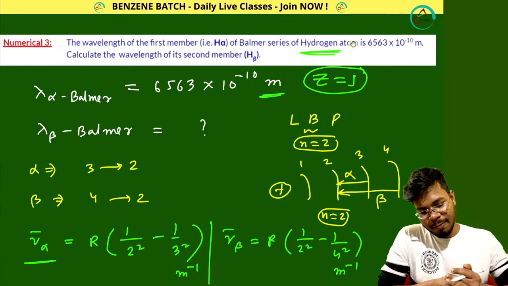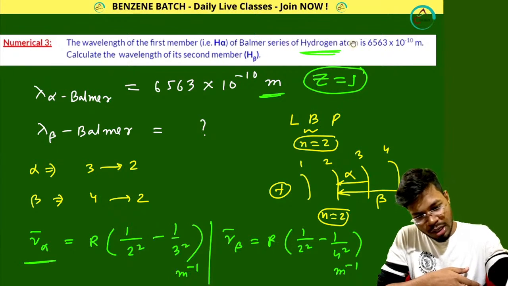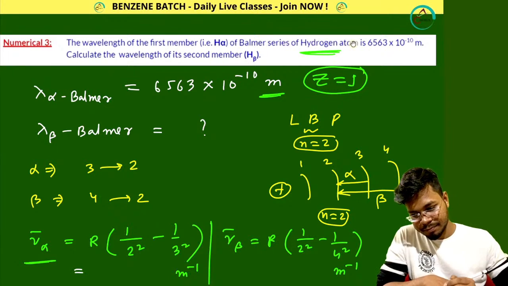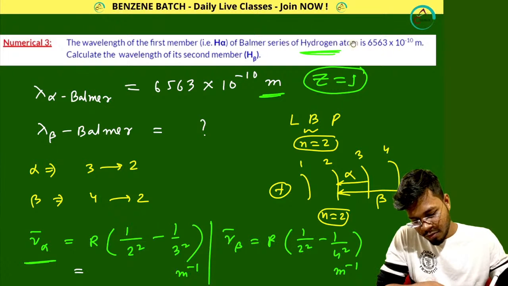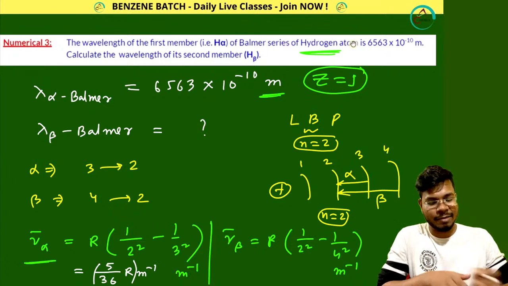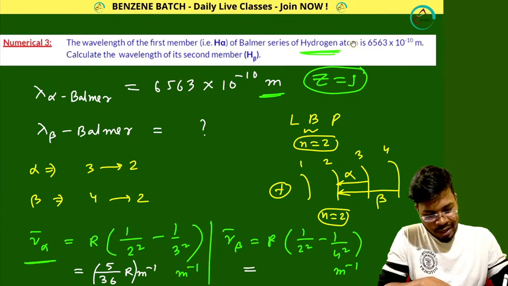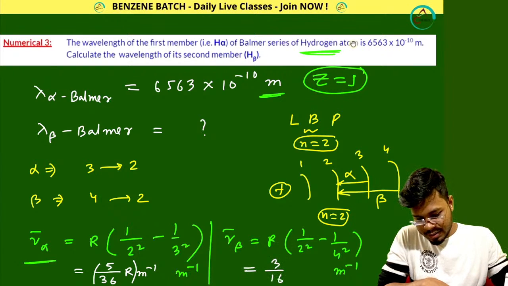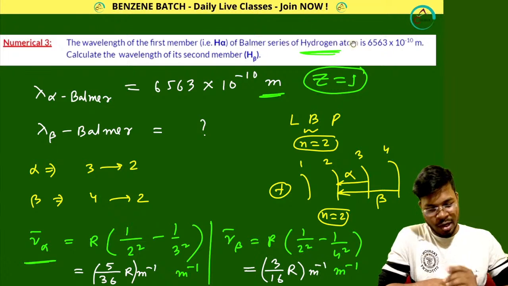So what I am doing, just doing this calculation. From this, what will I be getting? For alpha, 5 by 36 R meter inverse. This I will be getting after the subtraction, and from this I will be getting 3 by 16 R meter inverse.